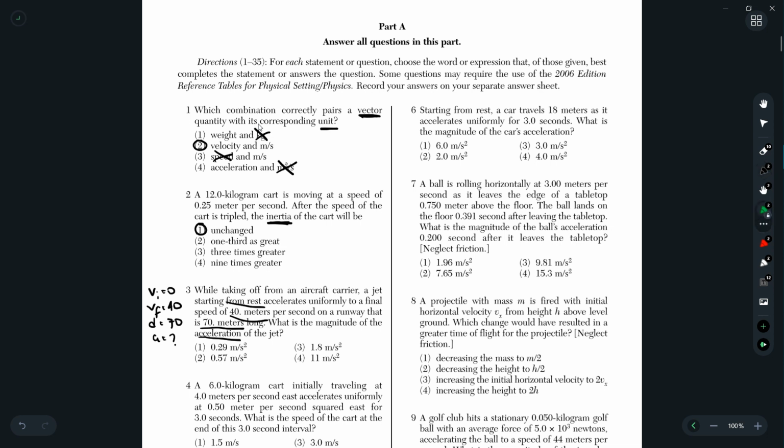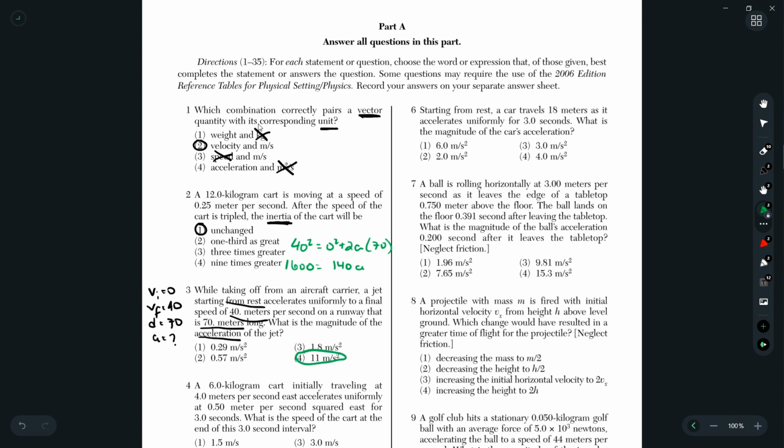If I change color here, I think you'll be able to see me. Oh, it won't let me write over there. That's so sad. So 40 squared equals 0 squared plus 2 times a times 70. So 1600 is 140a, so it's a little over 10.